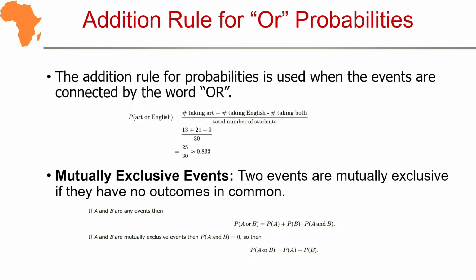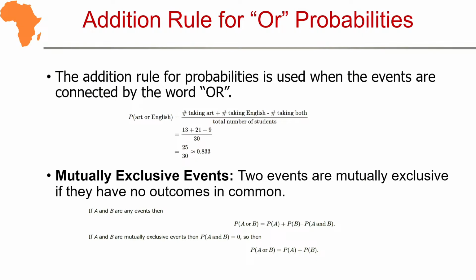If this is 0, then it's just the probability of this plus that. In multiplication, if they are mutually exclusive, it will be this times that. If there are any events, A or B, art or English, art plus English minus both. If they're exclusive, then these are the rules. They are probability rules. Probability of A or B, probability of A plus B.